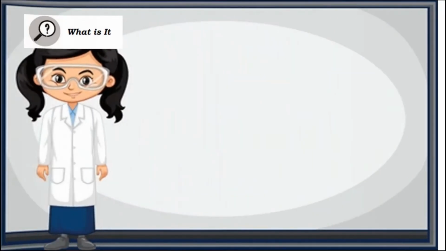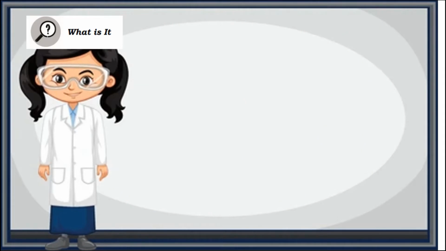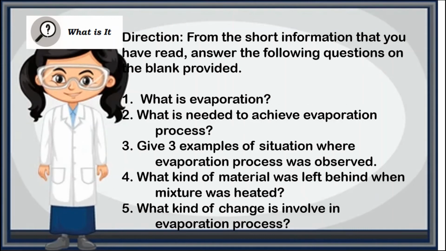Okay, let's proceed. Okay, tanawa inyo mga module children na nata sa what is it? Okay, direction. From the short information that you have read, answer the following questions in the blanks provided. Mao ni siya mga questions na atong answeran children. Number 1, what is evaporation?